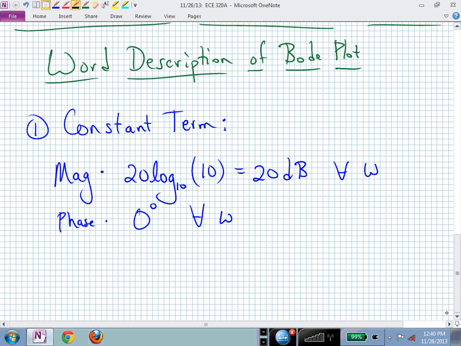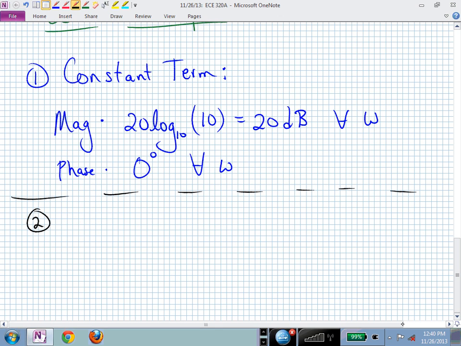Let's now look at the second term, which let's go ahead and look at in terms of when they occur or need to be considered as we're moving from low frequencies, 10 to the minus 7, all the way up to high frequencies, let's say 10 to the 9. We don't go that far, but that's why we do it on a logarithmic scale, so that we can consider a large frequency range or interval.